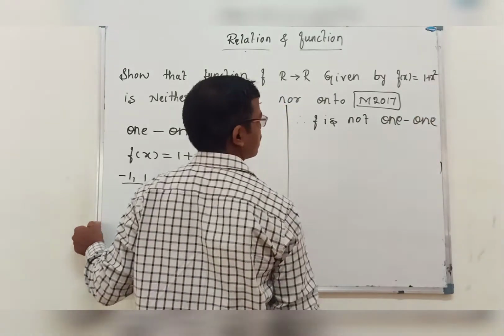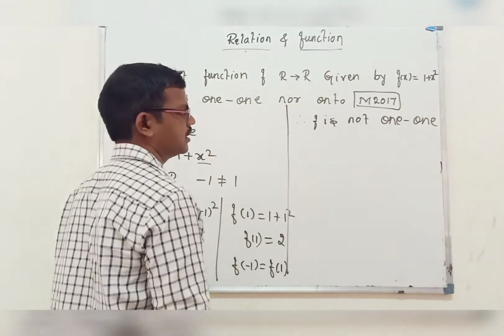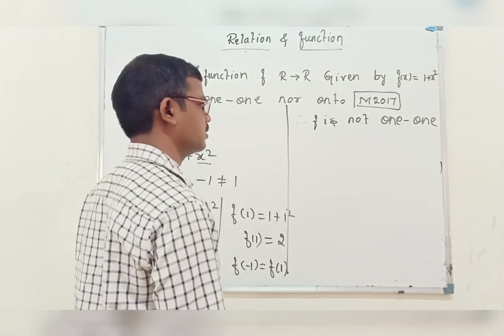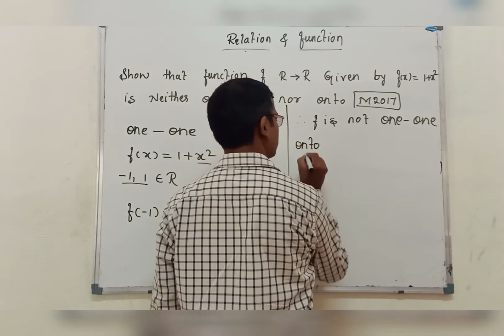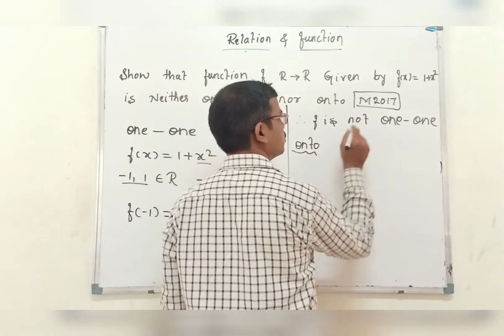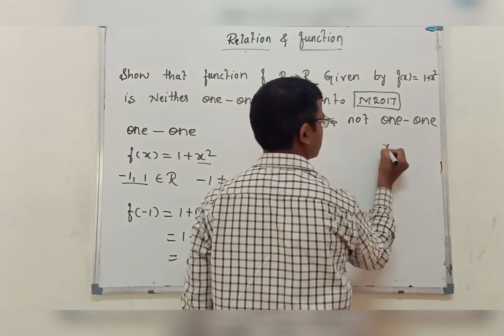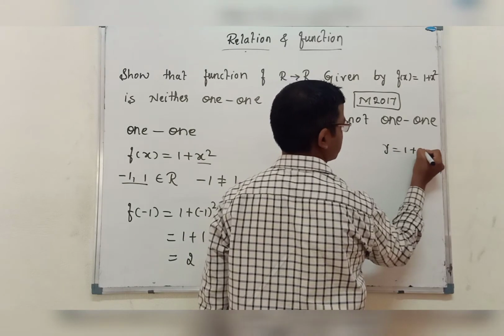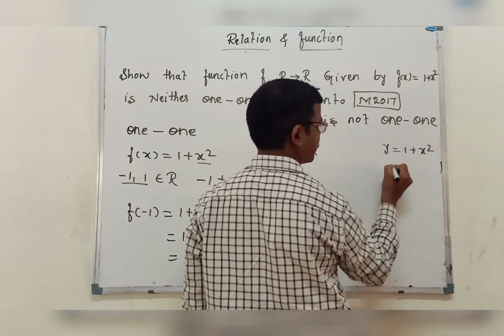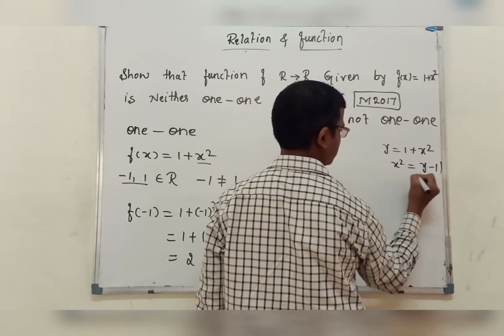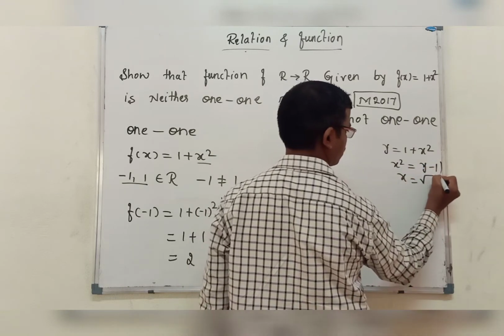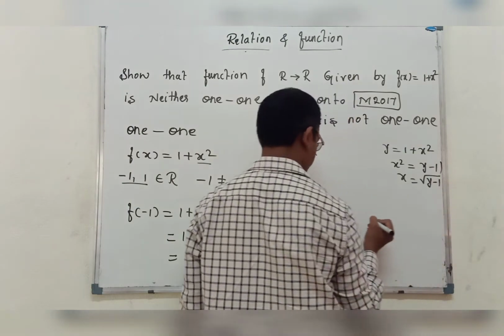So next, for onto, we can discuss directly. When we are discussing onto, we have to change the function y = 1 + x² into x form. x² = y - 1, x = √(y - 1).